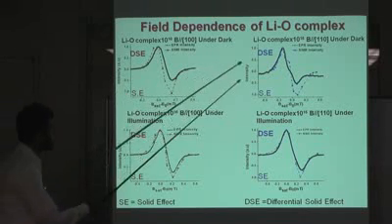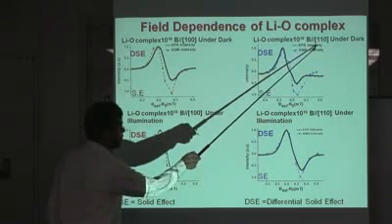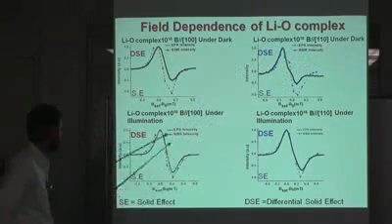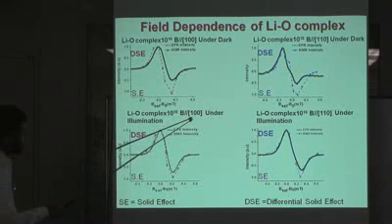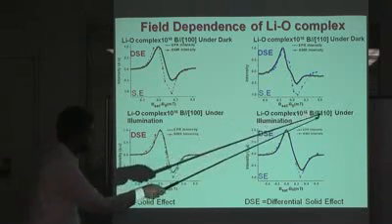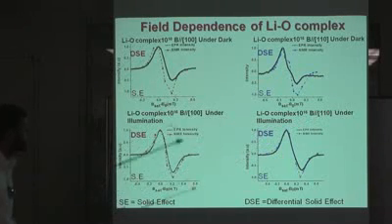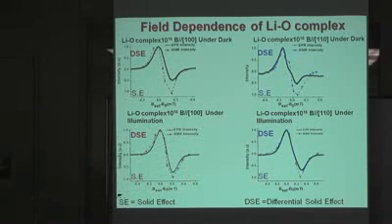And in the rest of the three conditions, lithium oxygen complex with magnetic field parallel to 110 under dark condition, lithium oxygen complex under 100 under illumination, and lithium oxygen complex with B parallel to 110 under illumination, all four show differential solid effect behavior.